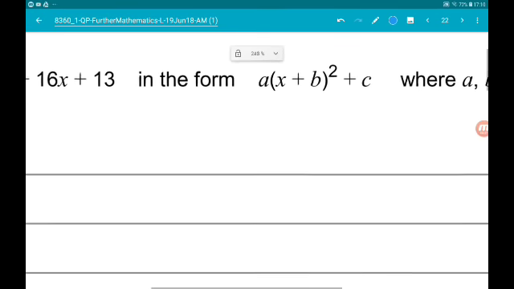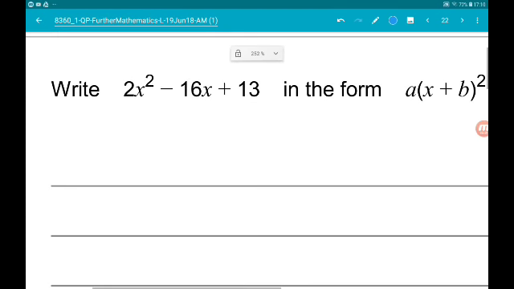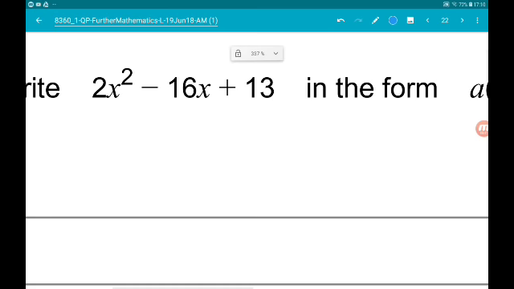So the first thing to do here is to factorise out the coefficient on the x squared. Some teachers would tell you just to divide the first two terms by 2. Why? I don't know, that complicates things. Let's take 2 out of every term.